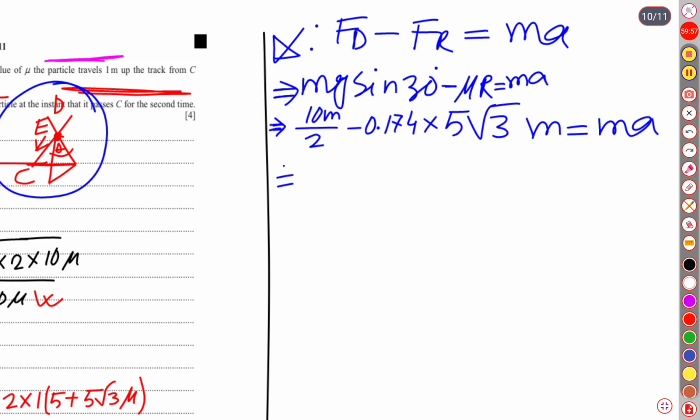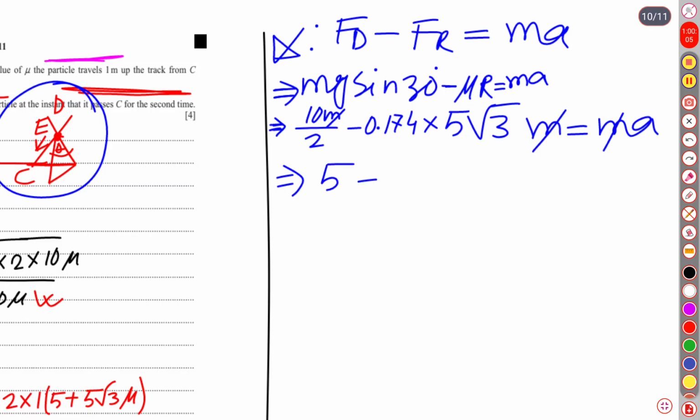Finally we get 5, and all the m's can be cancelled from every side. So it is going to be 5 minus 5 square root over 3 into 0.174. Let it remain unchanged; 5 square root over 3 into 0.174 is our acceleration.